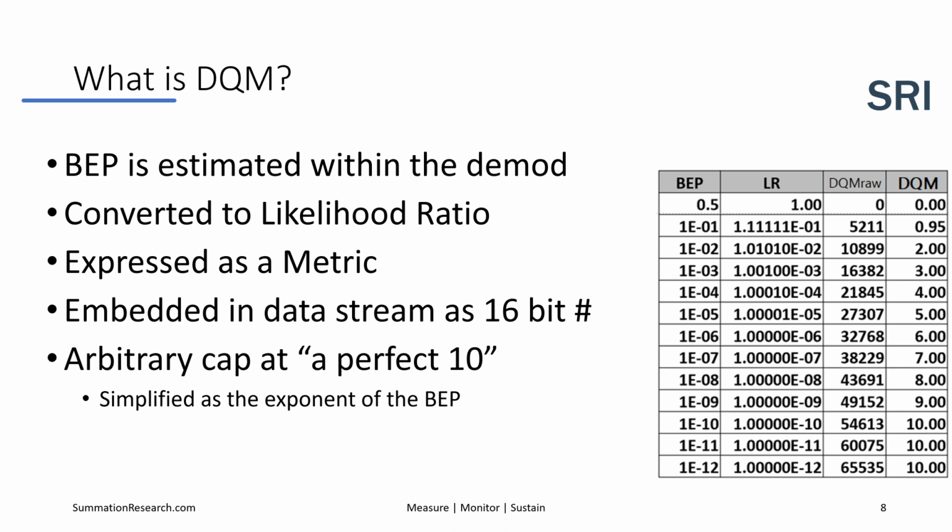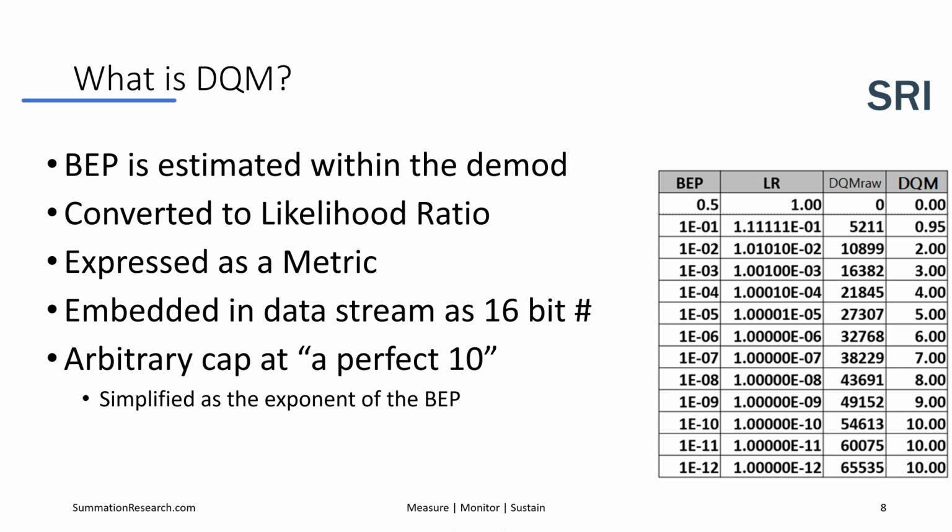From this, we derive the likelihood ratio, LR, then transform the LR logarithmically to calculate the DQM. Calculated from LR, fitting with the 16-bit unsigned integer, as mentioned previously, 0 to 65,535, this standardized measurement helps ensure consistent data quality assessments across different telemetry systems.